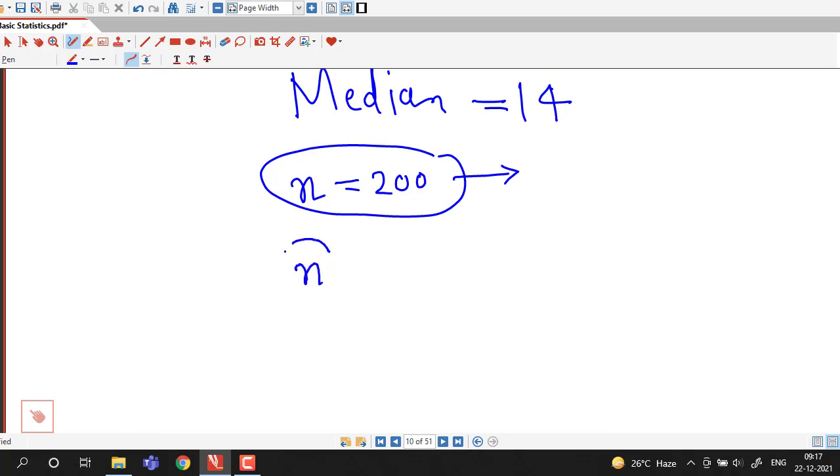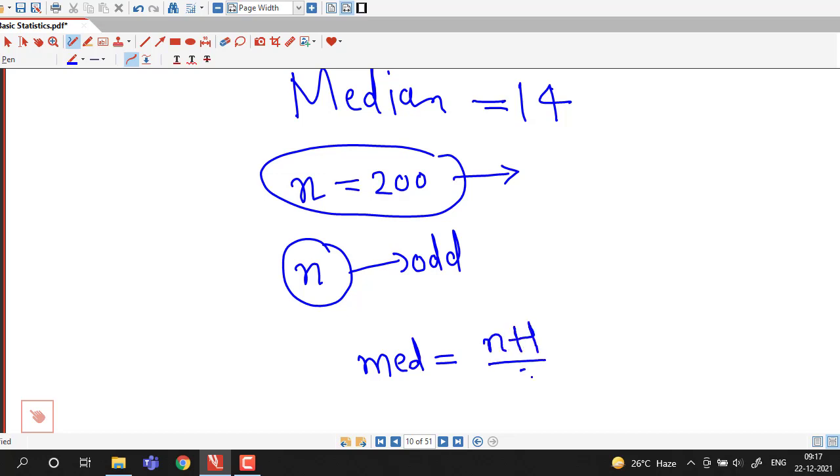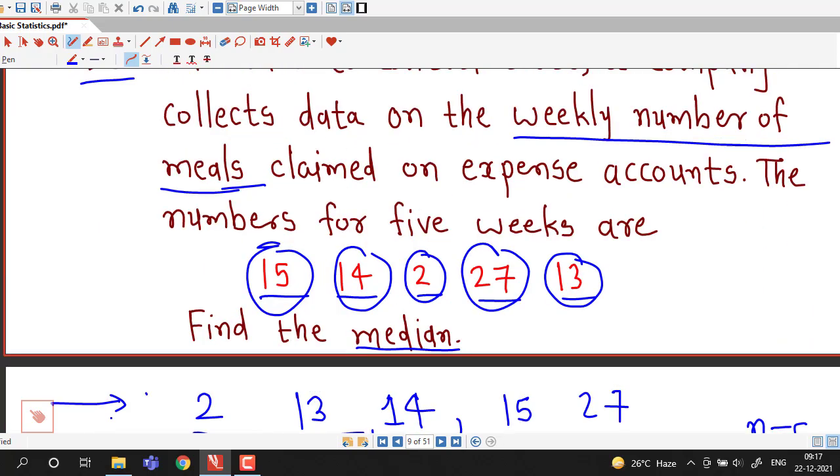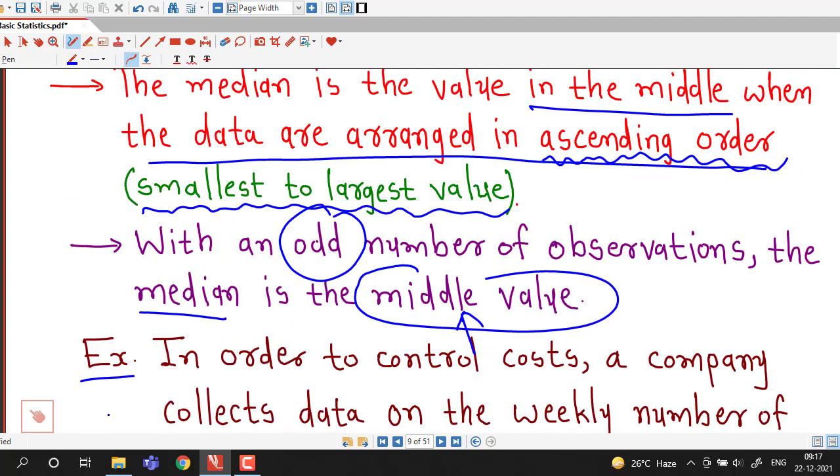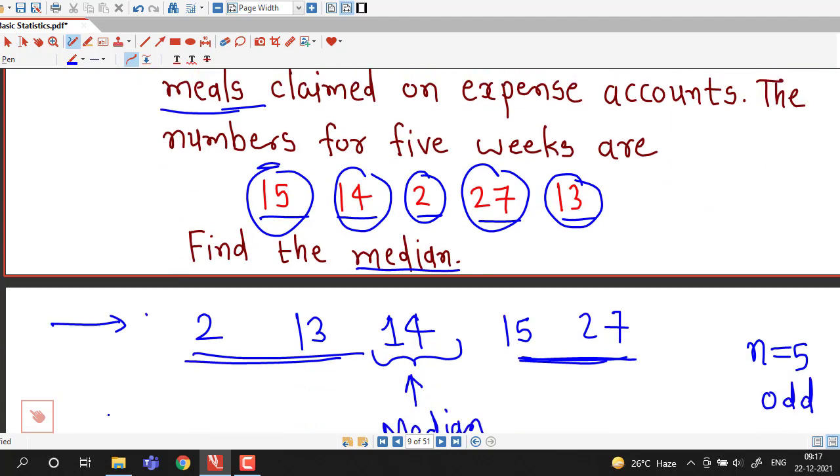Suppose we have n number of observations, and if n is odd, then median will be equal to observation at (n plus 1) by 2th position, or (n plus 1) by 2th observation. For example, in this case our n was 5.